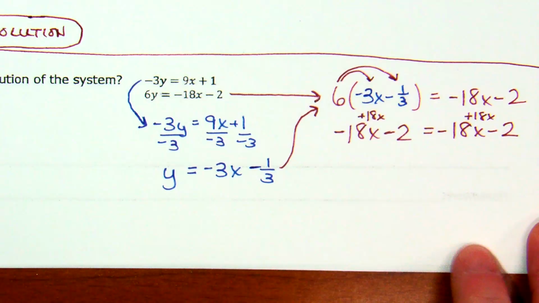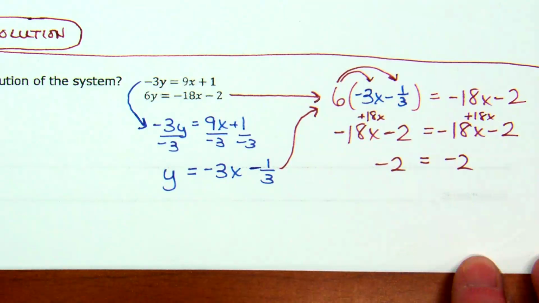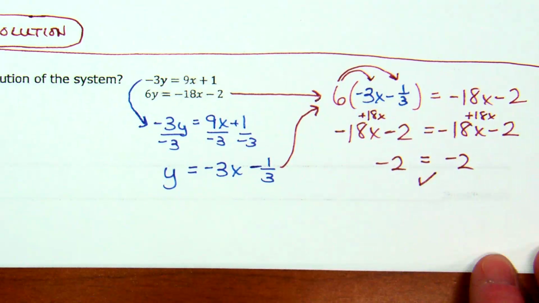So we have negative 2 equals negative 2. What just happened? You got the same thing. Okay, so the variables canceled out again, just like my no solution problem. However, what's different? It's true. Negative 2 does equal negative 2. And so instead of saying no solution, this is infinitely many solutions.